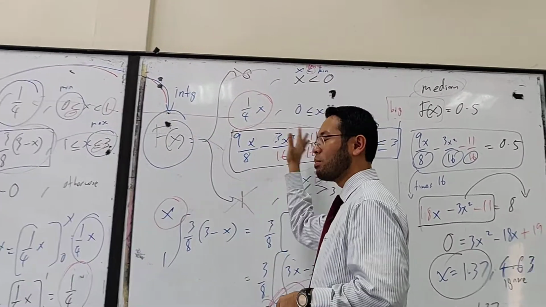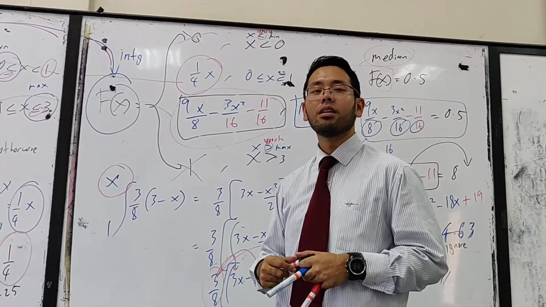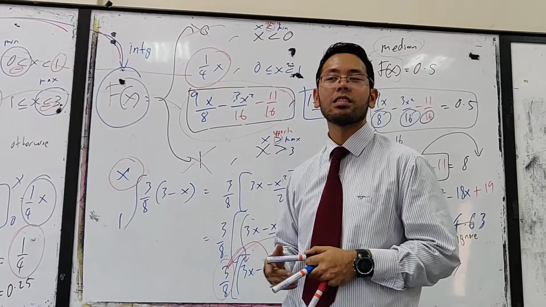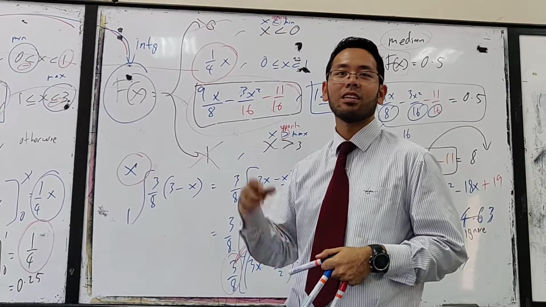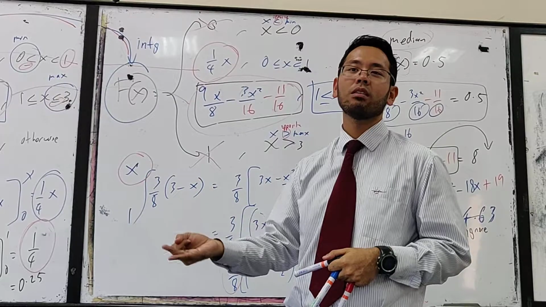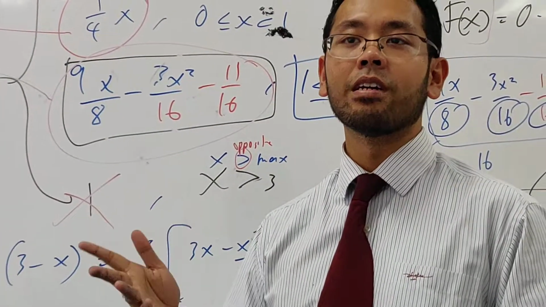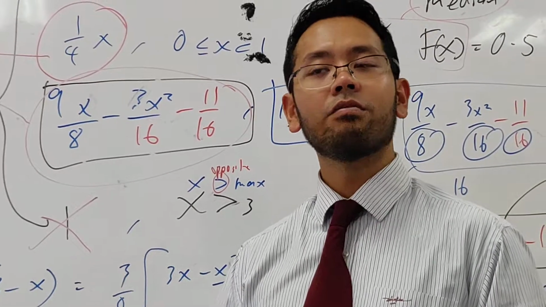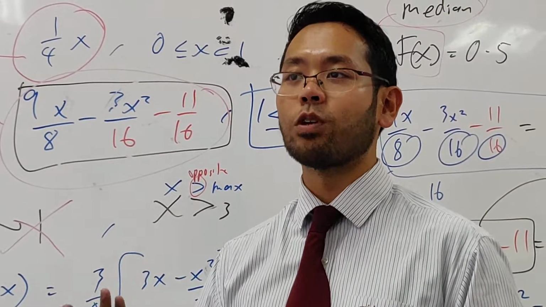I know finding big F is long steps and finding the median is long steps. That's why this topic has the third most marks in exams. After integration, vectors and this one. Integration is a bit tough, I agree. Vectors, you need to be able to think. If you can't see, you can't see. There's nothing you can do.